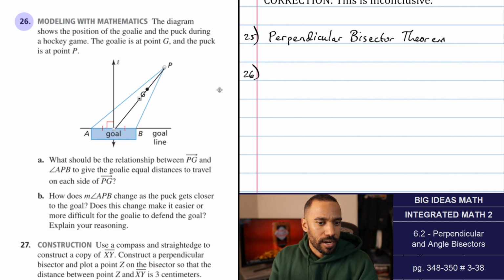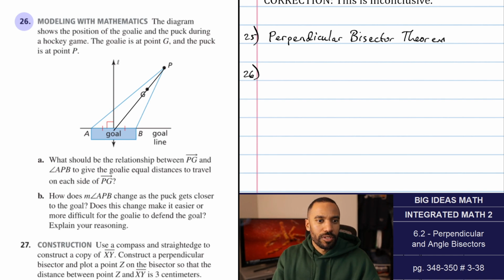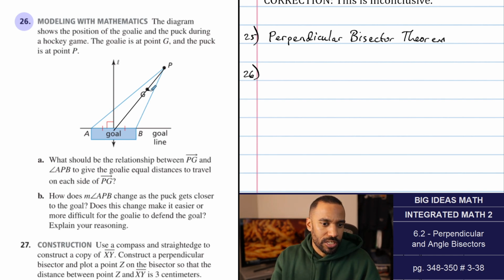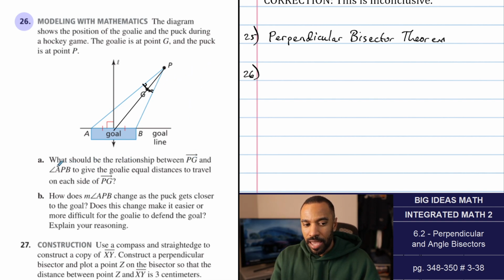If there was a ray drawn here, in order for it to travel equal distances, meaning those shortest distances, what would have to be true about ray PG is it would have to be the angle bisector of angle APB.